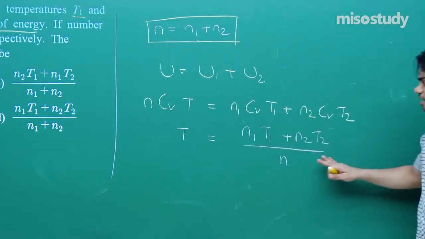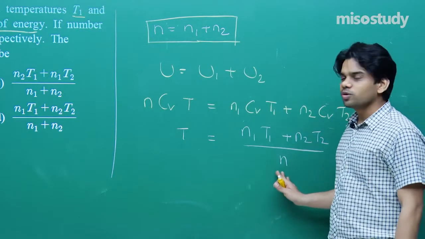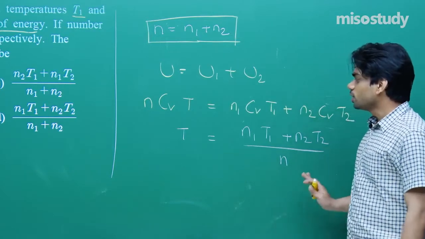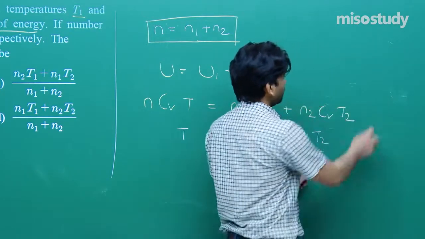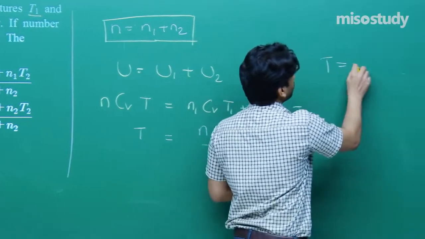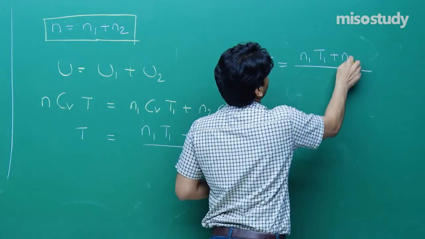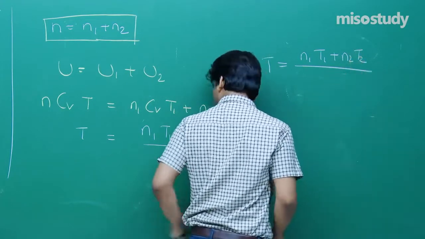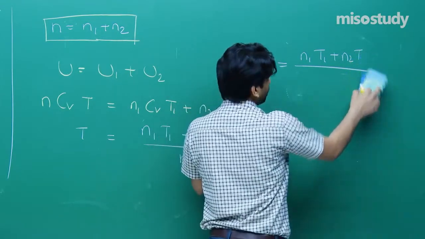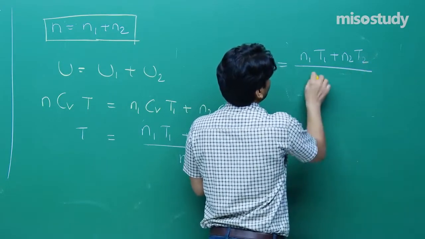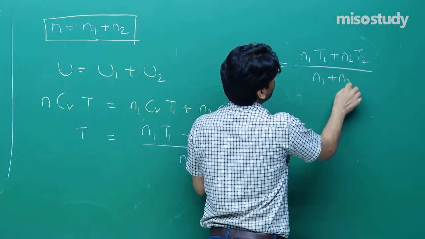Now you see the result we have arrived at. Now you have to substitute the value of n, n1 plus n2. So the final value of temperature will be equal to n1 T1 plus n2 T2 divided by n1 plus n2, because n is equal to n1 plus n2. That is what we have already noted down.